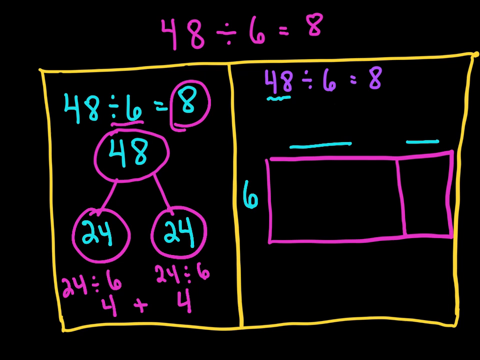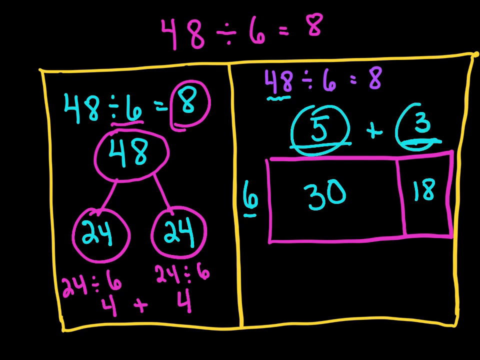If we multiply by 6, we can get there, and we're going to say 30. So 6 times what will give us 30? And that would be 5, because that is as close as we can get to 48. Then what's left over, 48 take away 30, is 18. And we say 6 times what gives us 18? We know it is 3. We add up these two numbers, and we get 8.